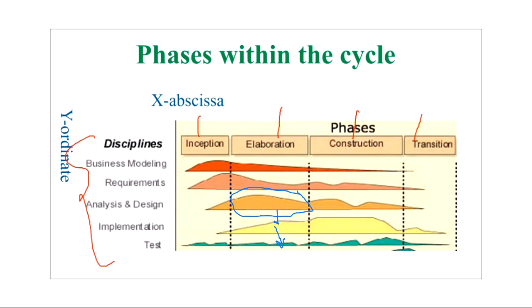These bugs didn't come because of this coding. They came because of this design part. So you will iterate back to this design part. That is why in every phase, elaboration phase, construction phase, you are seeing some bits and pieces of the graph in all of them. Okay.